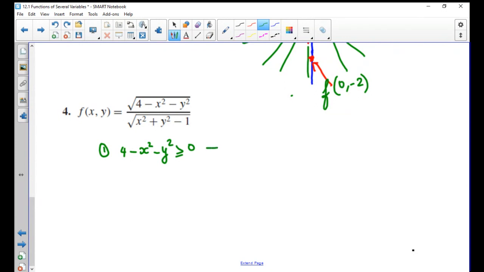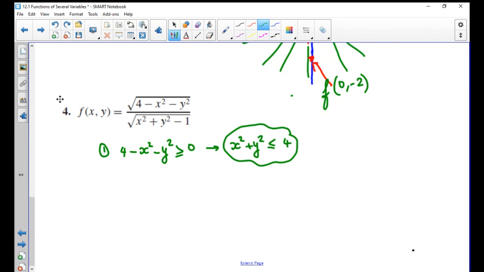This means x squared plus y squared less than or equal to 4. That means our points are inside the circle of radius, what is the radius of the circle? 2. Inside the circle of radius 2.